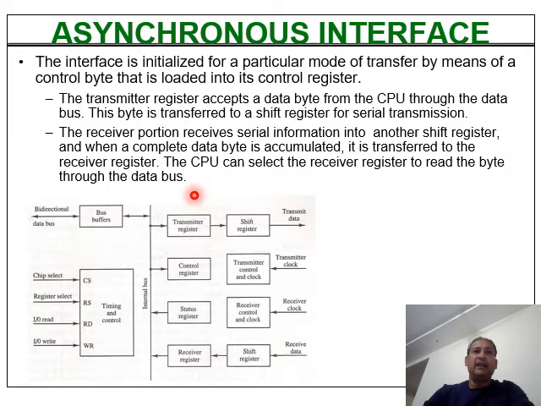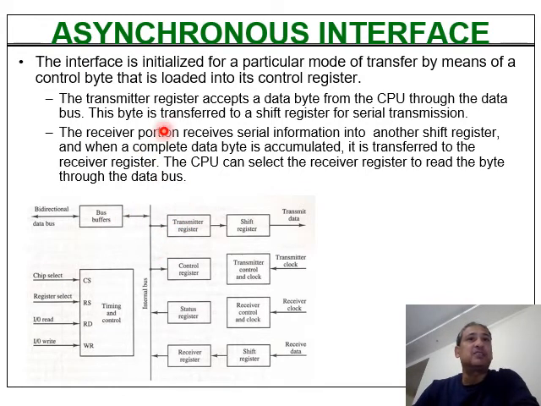What does it mean? It means that whatever data is being transmitted from here is being transmitted serially. Similarly, whatever data is being received from here is being received serially. But the data transfer between the CPU and the interface happens in parallel. So let's go into detail.